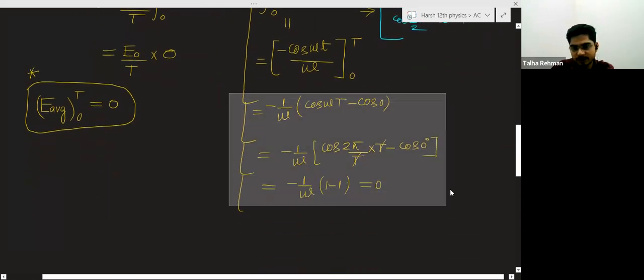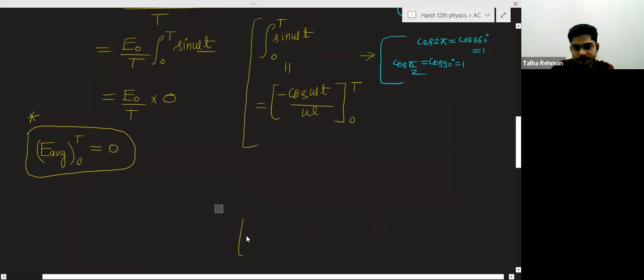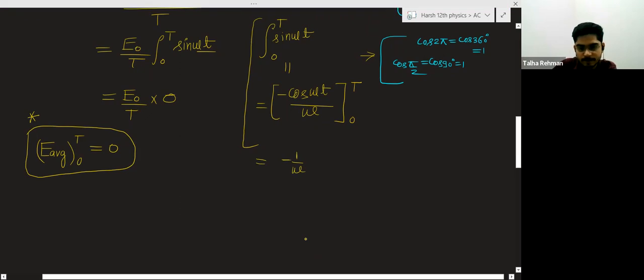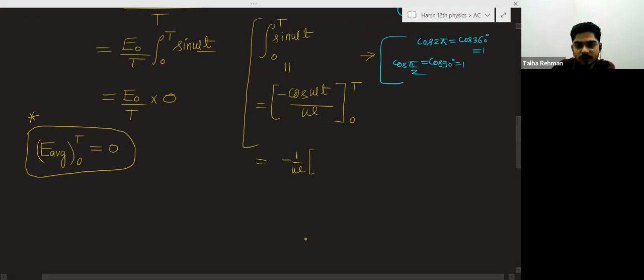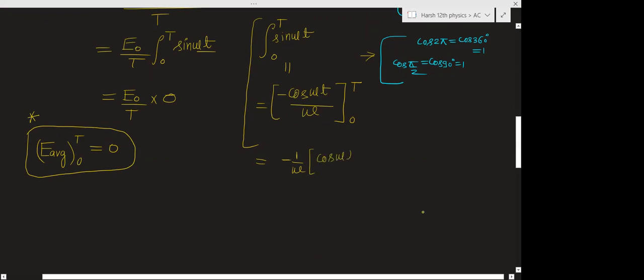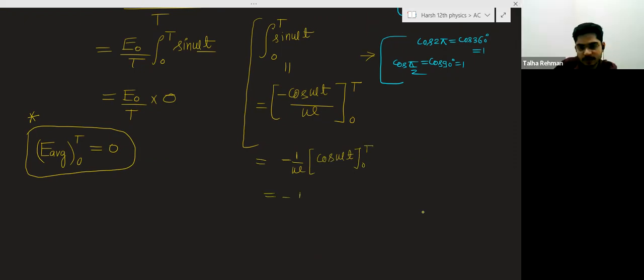Now we will do this thing by ourselves. Here I have taken minus 1 by omega out of the limits. Now here we will have cos omega t. We will apply the limit 0 to T. So this is minus 1 by omega, and now we will put the upper limit.